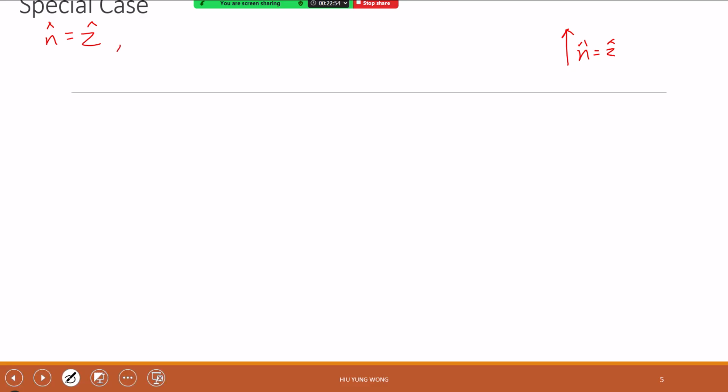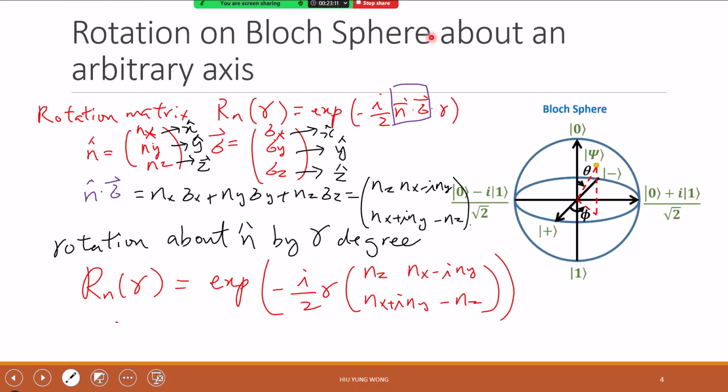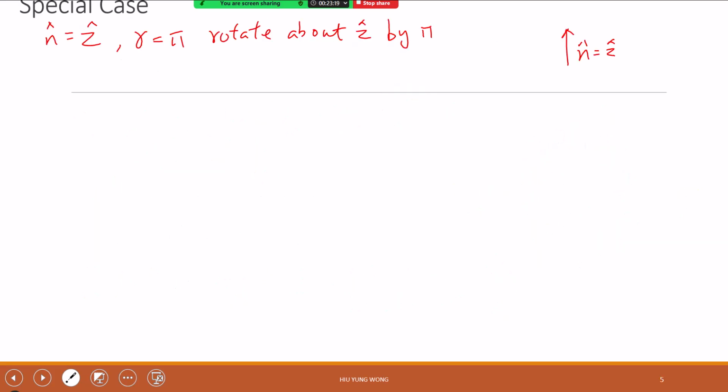And what if gamma equals pi? It means we want to rotate about z hat by pi. So if you look back here, it's saying that no matter where you are, we're trying to rotate about this z axis by pi, by 180 degrees. That is the meaning.